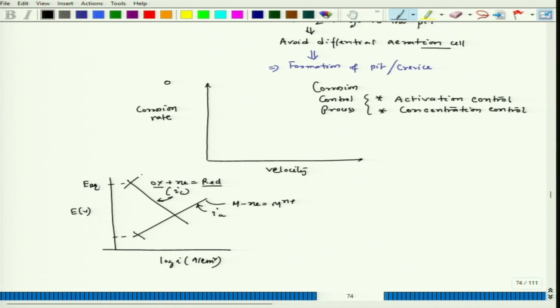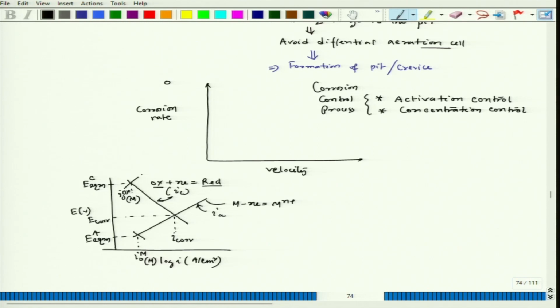This is E equilibrium of cathodic reaction, this is E equilibrium of anodic reaction, this is I naught of metal on metal surface, this is I naught of ox on metal surface, right. So, this is my I corr or corrosion current density, and this is my E corr corresponding to steady corrosion potential.